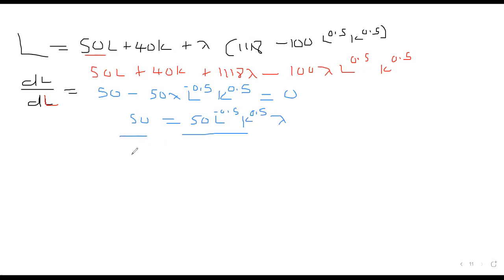Here we're going to have 50 over 50 L 0.5, K 0.5. Right here it cancels. So a lambda, therefore, this will cancel there. If it's a negative, it will go up. So we're simply going to have L 0.5 and here K 0.5. That is our lambda for the L.